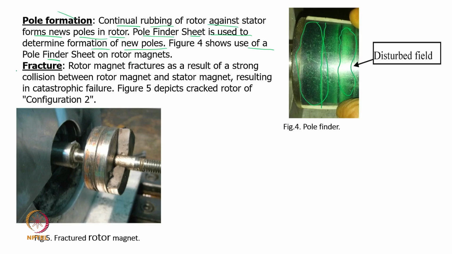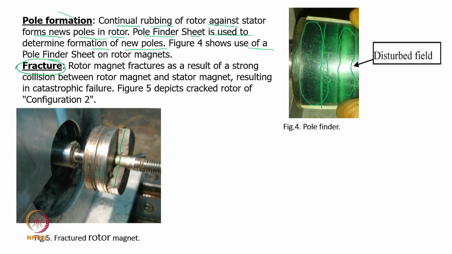Coming to the final, which is a drastic one, there is a fracture. Maybe there is one crack in this direction, another crack in this direction, they merge and the whole half, or a quarter, maybe the 120-degree magnet, is ruptured and comes out in two or three pieces. So, this is a drastic failure also.